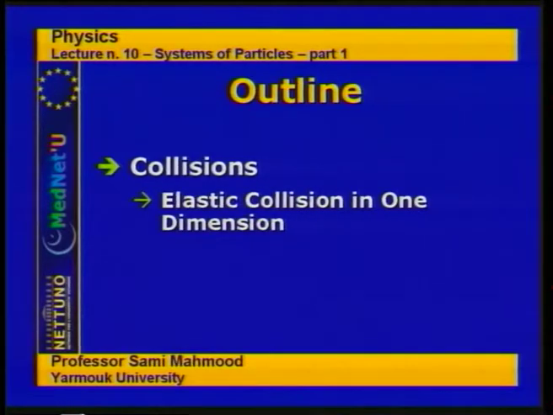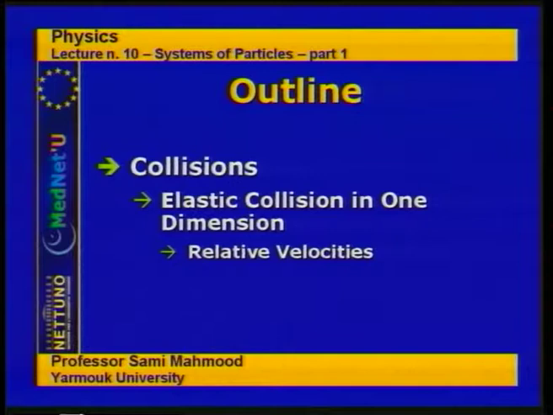We will discuss then examples of collisions, and we will learn how to solve these problems. At the beginning, we will consider an elastic collision in one dimension, which is a simple example. We will derive the relative velocities of two particles colliding elastically and moving in one dimension before the collision and after the collision, and see how the relative velocities of the two objects are related.